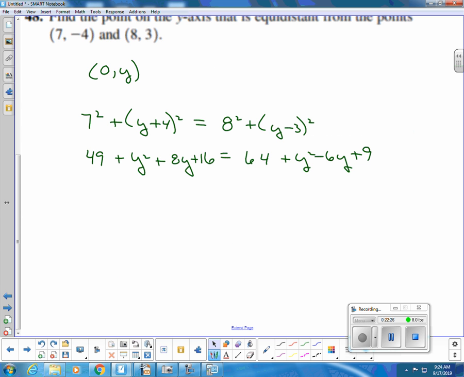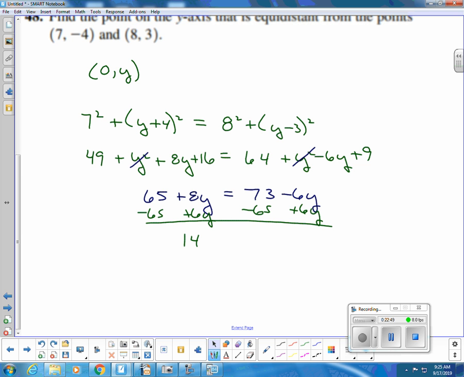All right, the y squareds are going to cancel on both sides. So on this side we have 65 plus 8y. On this side we have 73 minus 6y. You're going to get the y's on one side. So we're going to subtract 65 on this side, and we're going to add 6y to this side.